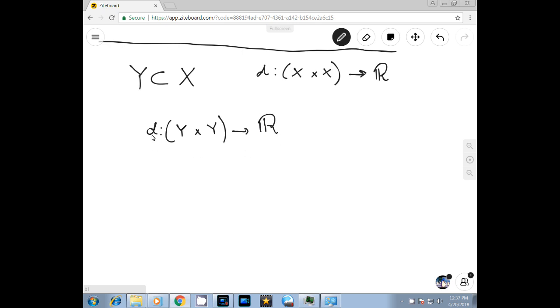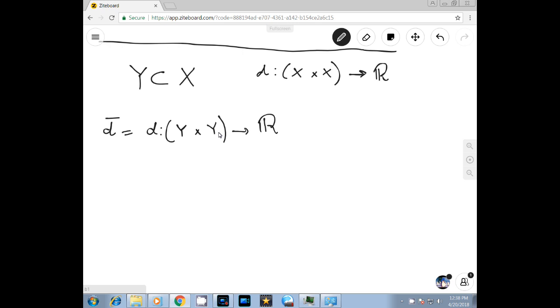This metric is the restriction of the metric d, because this was the greater metric applied on the ordered pairs of the greater space X. But now it is restricted to the ordered pairs of the subspace of X, and we will denote it by d bar. So d bar is equal to the metric d on X, but restricted to the ordered pairs of the subspace.